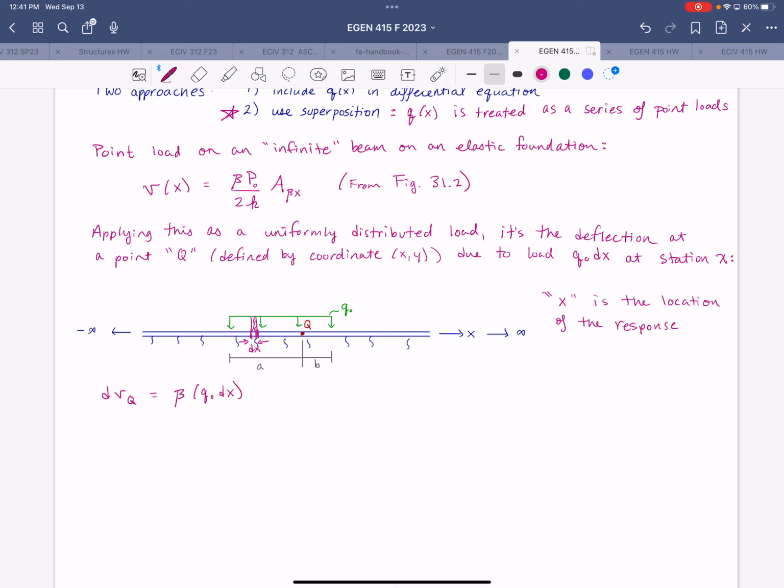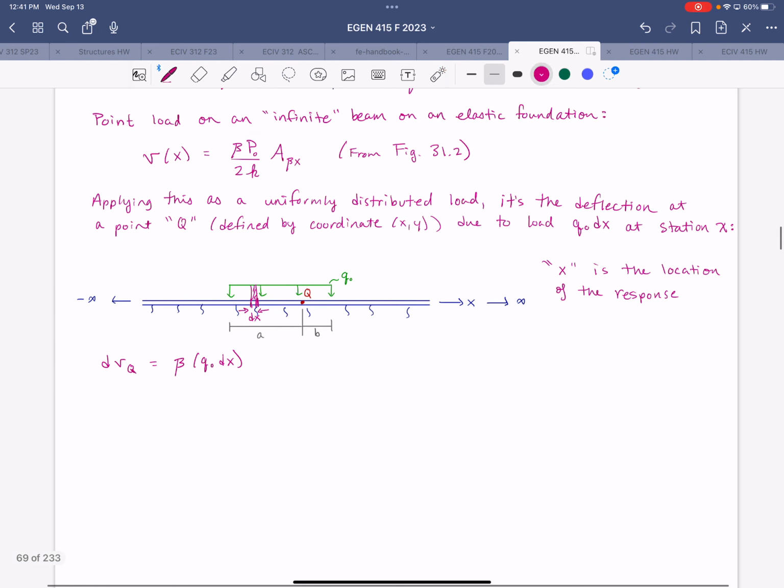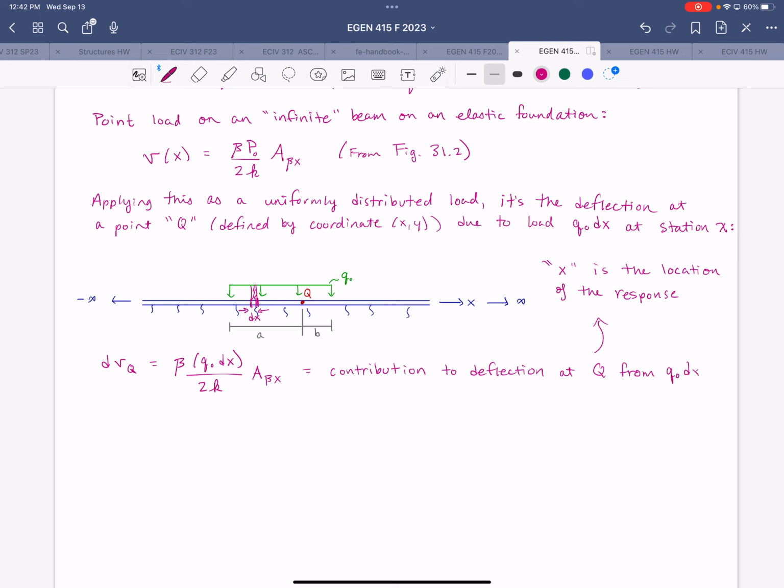So we're just substituting Q naught applied over this finite length for our point load P, divided by 2K times A beta X. And that's the contribution to deflection at Q, right, which is the location of the response that you're evaluating, from Q naught dx which we're plugging in for P naught.